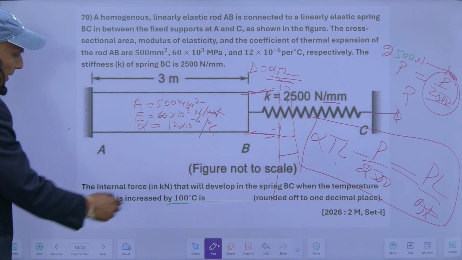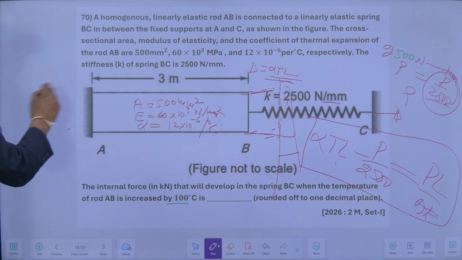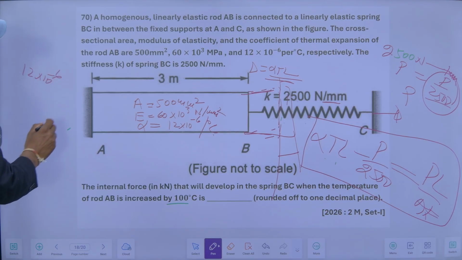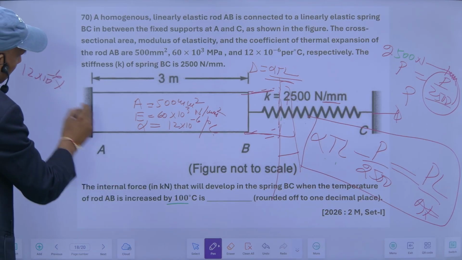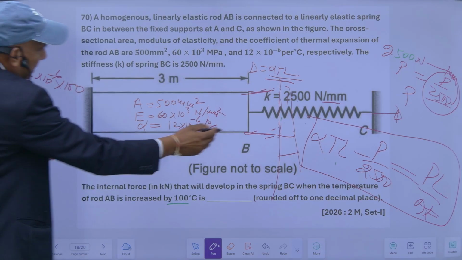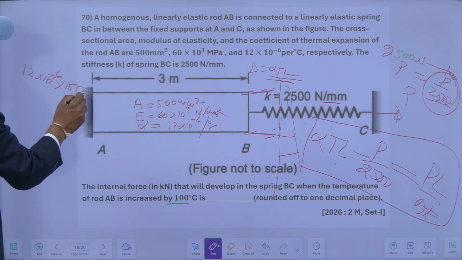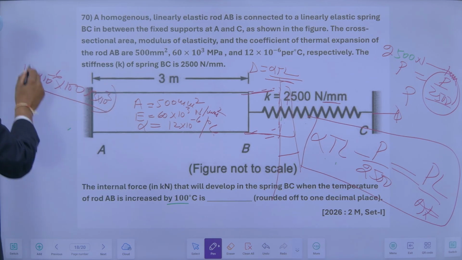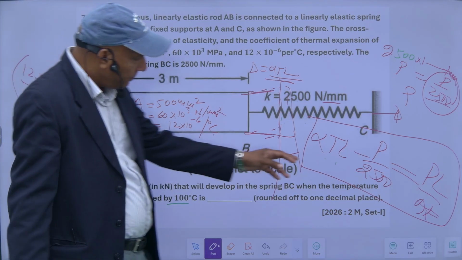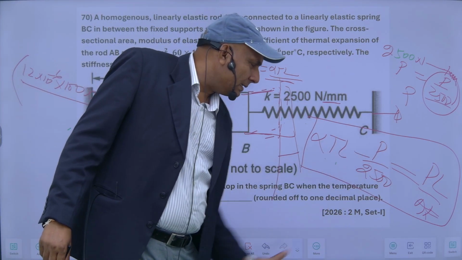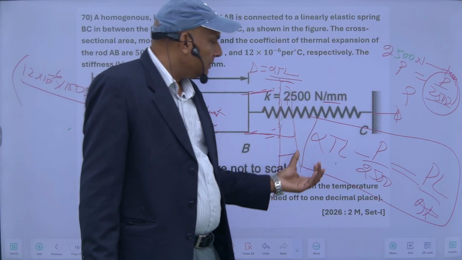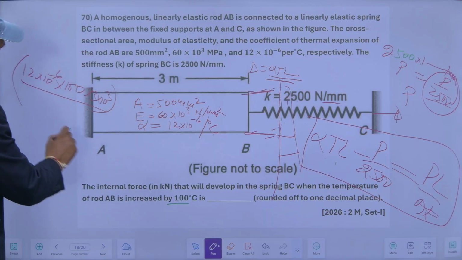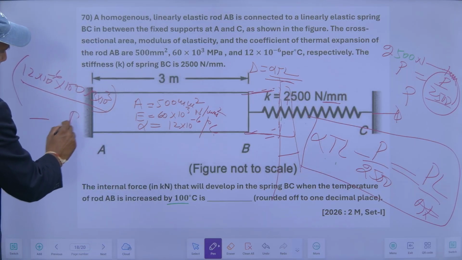Suppose by putting the values here, alpha is 12 into 10 raised to power minus 6, temperature is 100 and length is 3 into 10 raised to power 3. So this is my alpha TL, minus this, which will be the yielding flexibility which this spring will offer, P upon 2500.